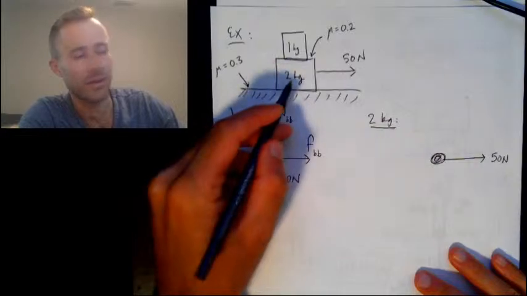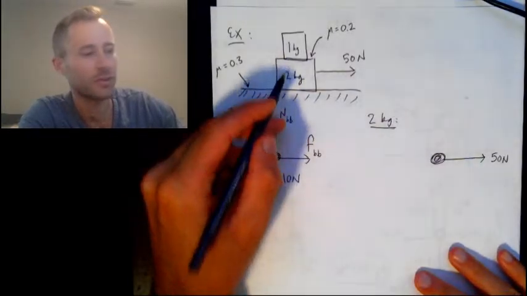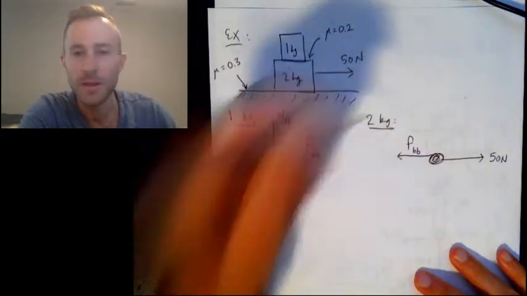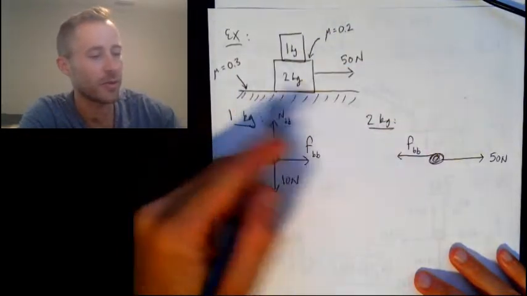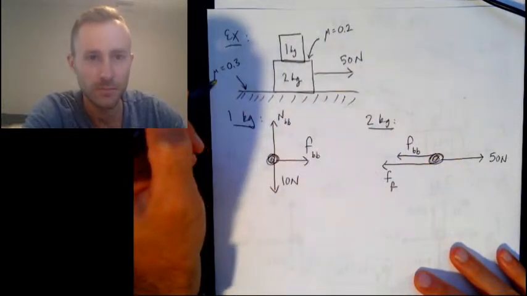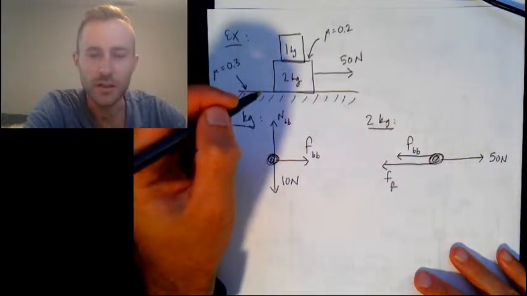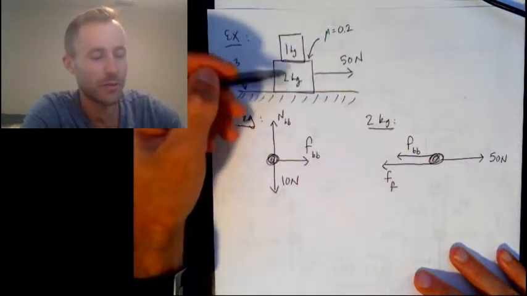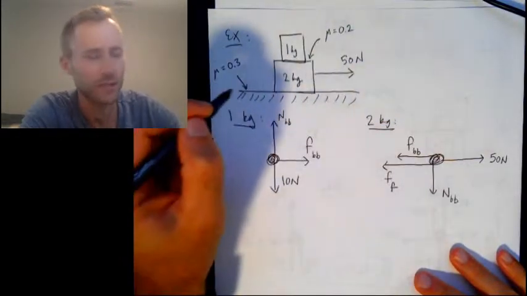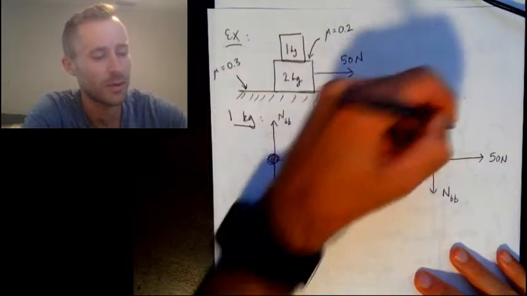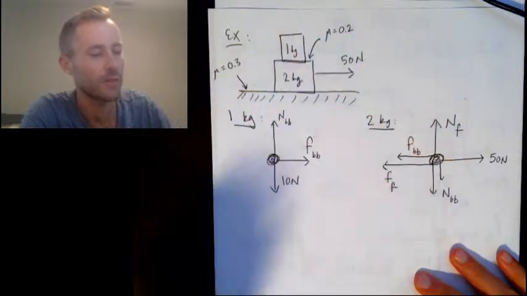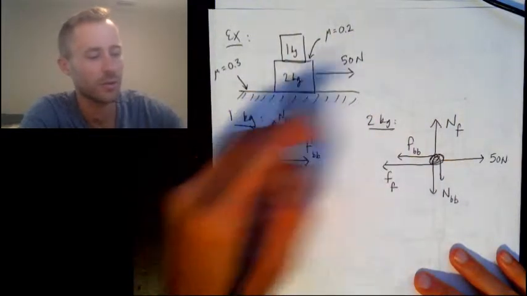The 2 kilogram block is being held back by the friction from the top block, which is FBB, but it's also being held back by the friction from the ground, which I'll call friction from the floor. It is getting a normal force pushing it down from the top block, NBB, and it's also being pushed up from the floor, N sub F, the normal force from the floor. And it has its own weight force going down, which is 2 times 10 or 20 newtons.